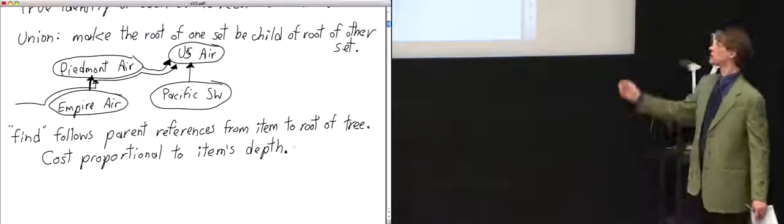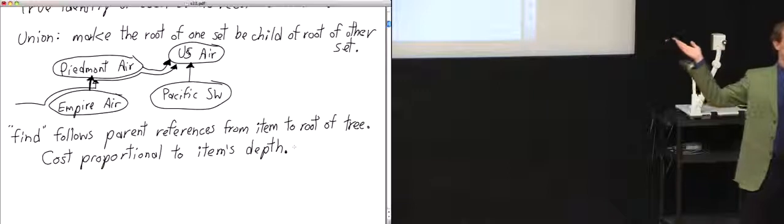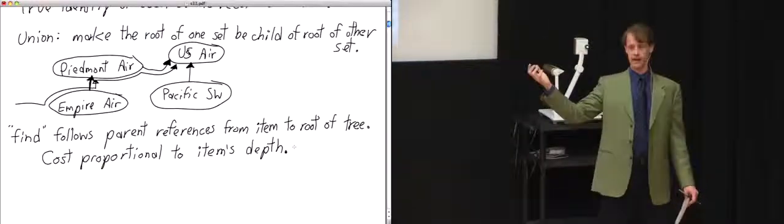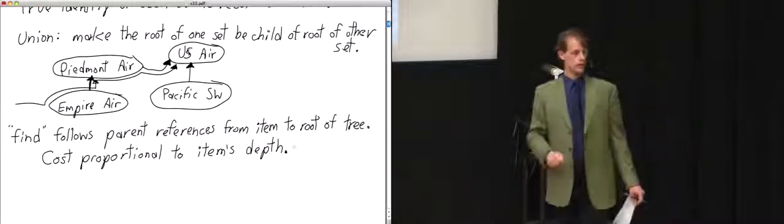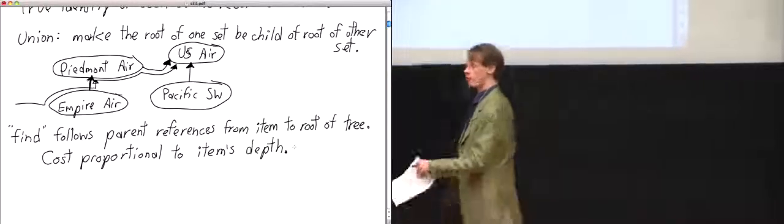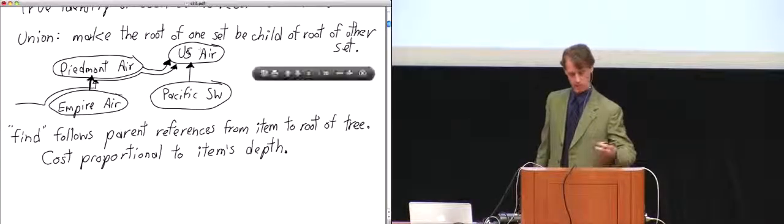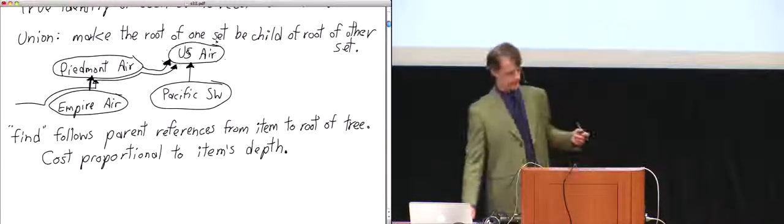Yeah, absolutely. So if US Air wants to store an identity for the set and an identity for itself, that's not a problem at all. You just have an extra pointer in each node. So for instance, I've just drawn this US Air node as just a circle with a name in it.